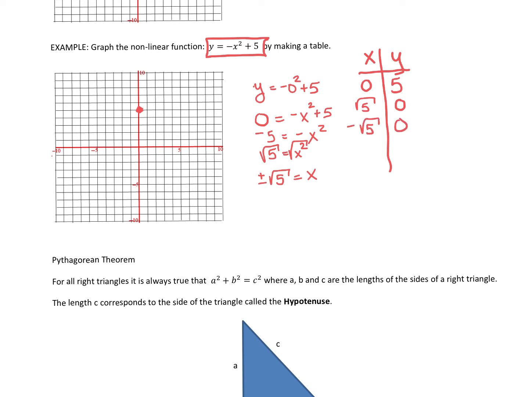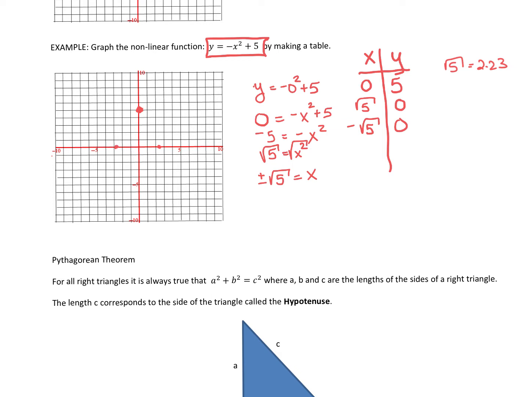And root 5 is a little bit more than 2. It's 2.23. So I'm going to go 2.23 here, 2.23 in this direction as well.